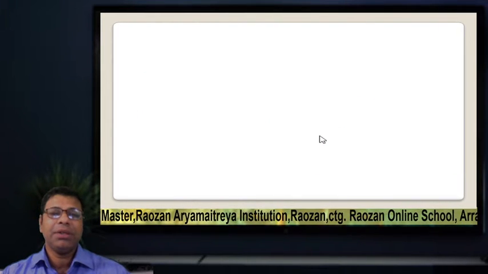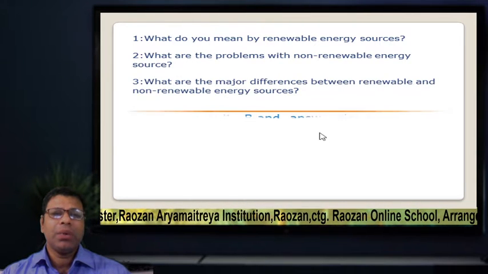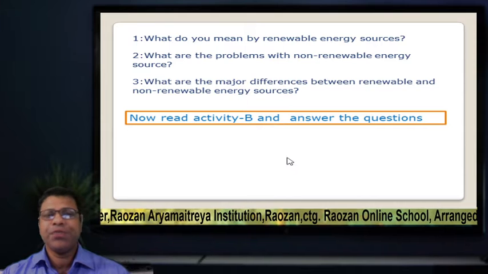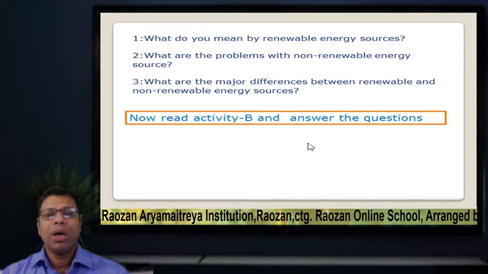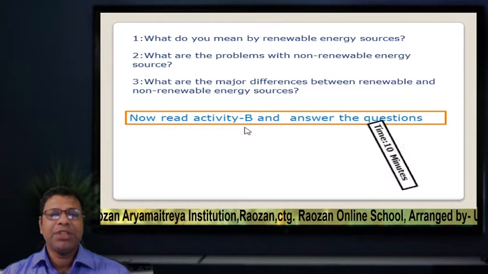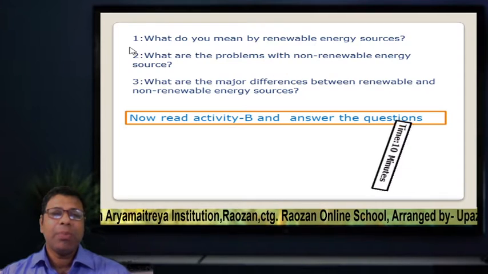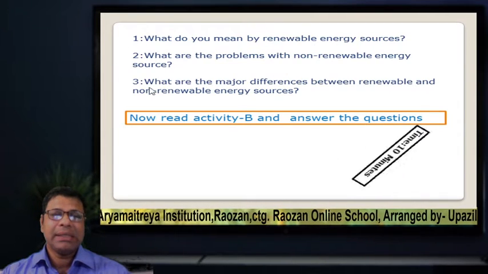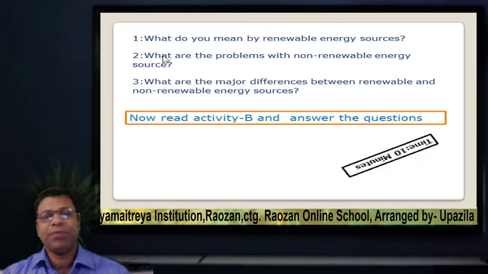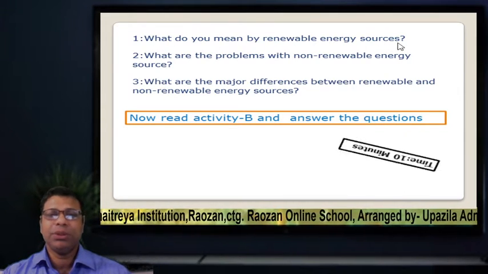Dear learners, now look at the questions. I have three questions for you. Go to the English for Today book and read activity V, and after reading you have to make the answers to these three questions. First, what do you mean by renewable energy sources?